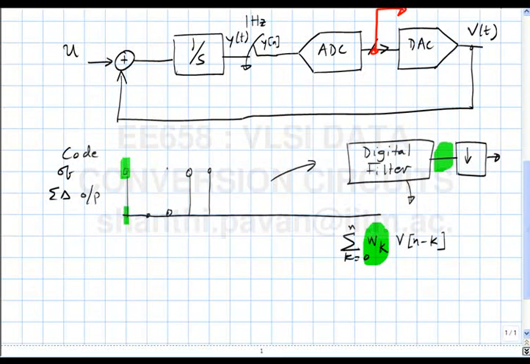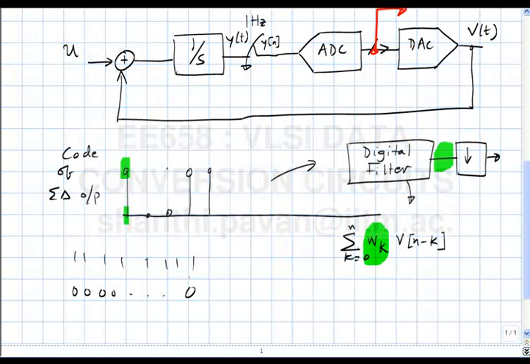You can think of this as 0, 0, 0, blah, blah, blah is one level, and 1, 1, 1, 1, 1 as the other level. So it's either all zeros or all ones.